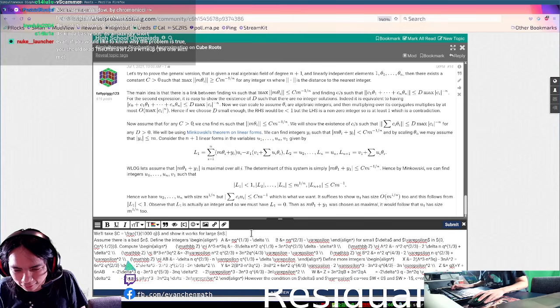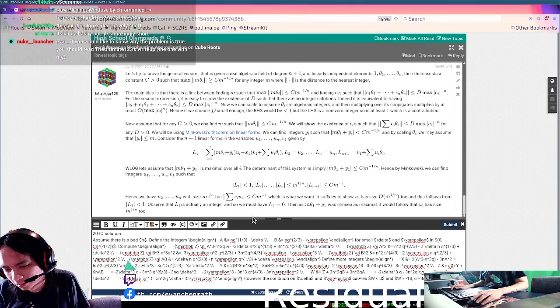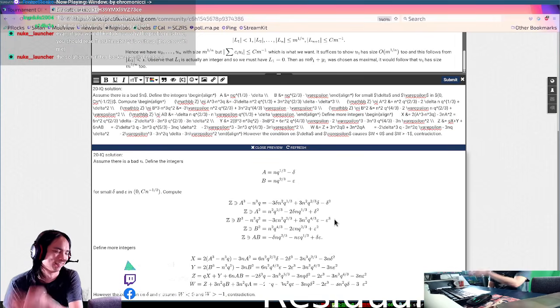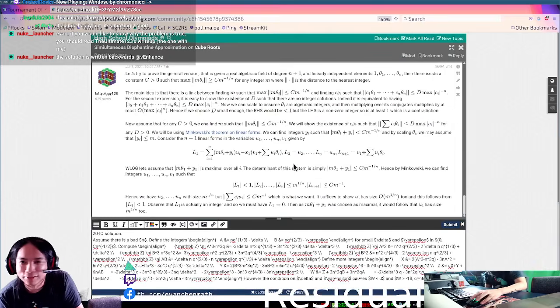Funny IQ solution. The ultimate 1, 2, 3 is right up.